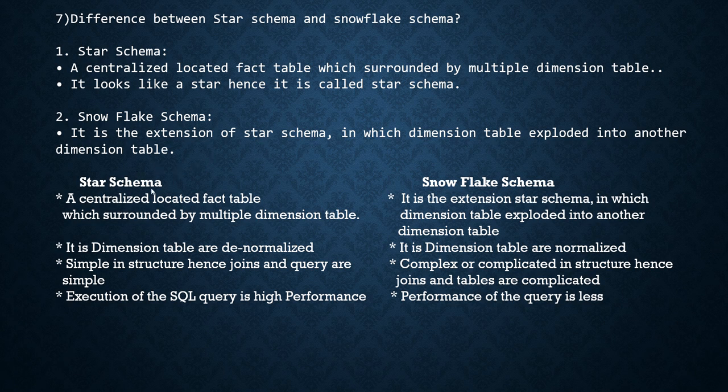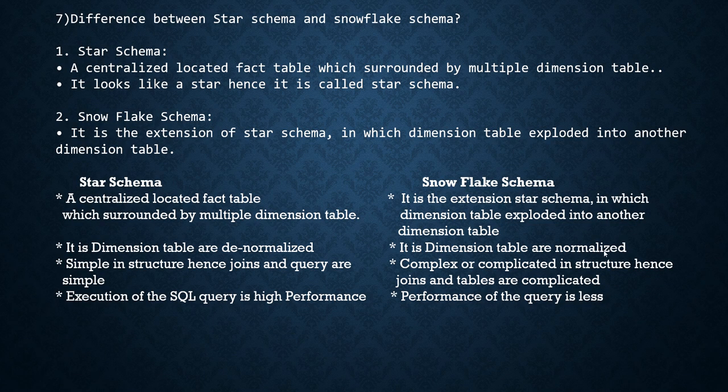Difference between star schema and snowflake schema. Star schema has a centrally located fact table which is surrounded by multiple dimension tables. Snowflake is the extension of star schema in which a dimension table is exploded into another dimension table. In star schema, the dimension tables are denormalized, and in snowflake schema, the dimension tables are normalized.